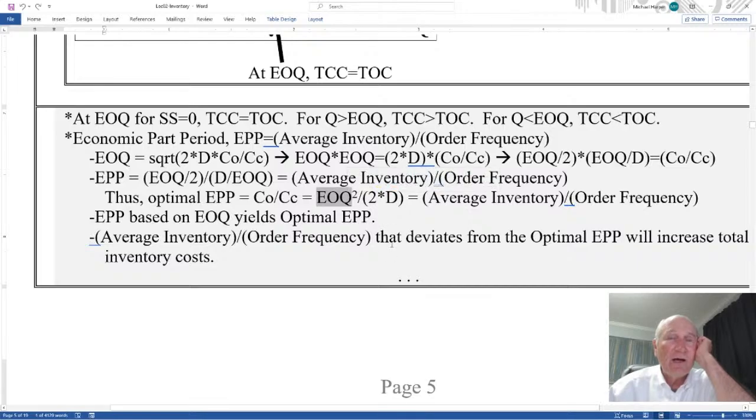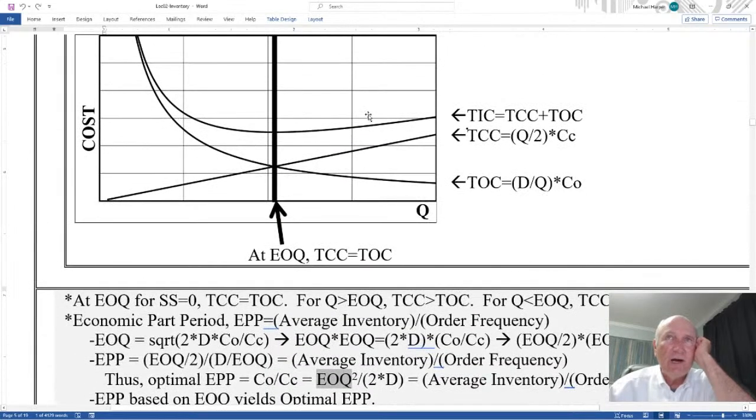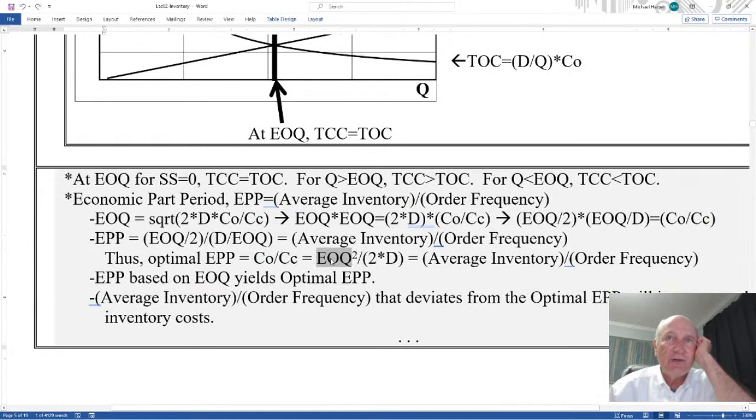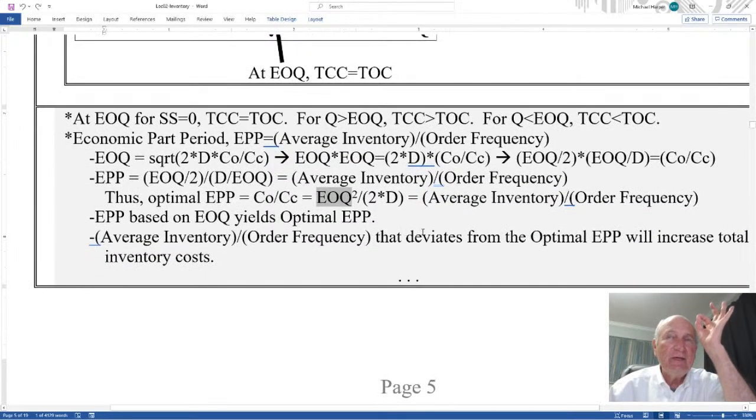Now what if we're not optimal? What if we're up here somewhere and we have an arbitrary Q? We can still calculate this, and that EPP will not be optimal. But notice the EPP will be directly related to the lot size. Actually, it's the square of the lot size, so it's enhanced.